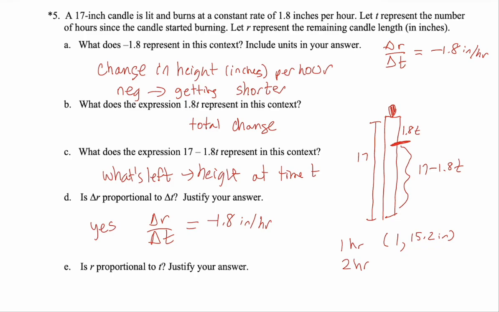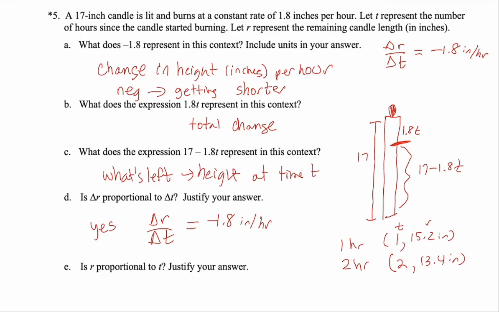At 2 hours, I am at 13.4. So how can you check if the plain old R and T, so this is T and this is R, are proportional?